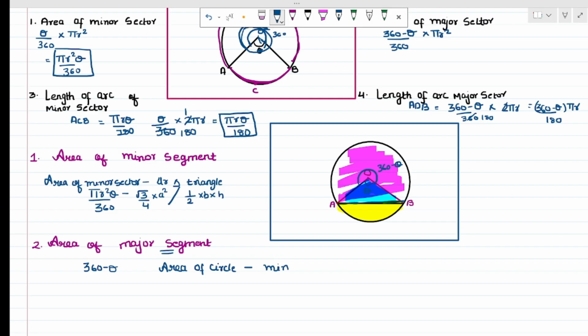My minor segment is π r² θ upon 360 minus area of triangle. Then you just need to write area of circle minus minor segment, so you will get your answer for the major segment. What is the area of a circle? Area of circle is π r² minus the minor segment's formula you are given. So you can clearly find out the area of the major segment.